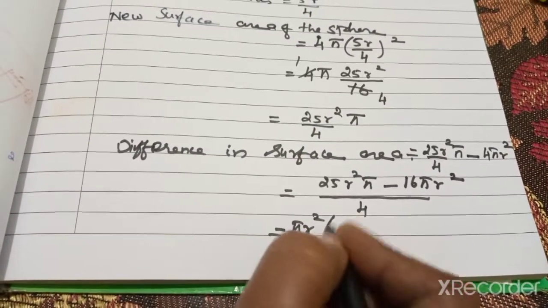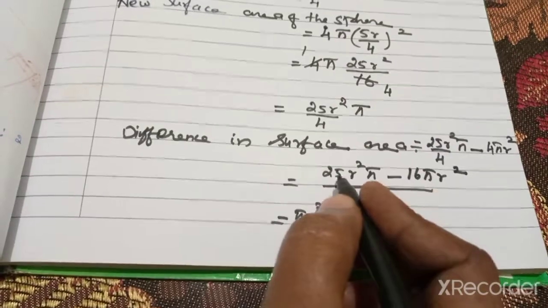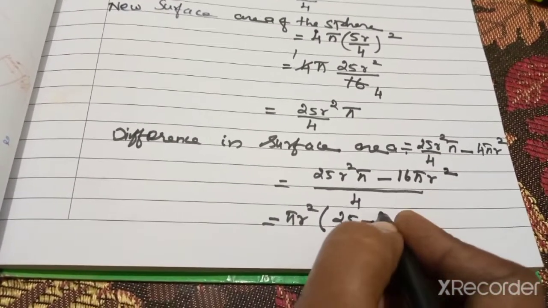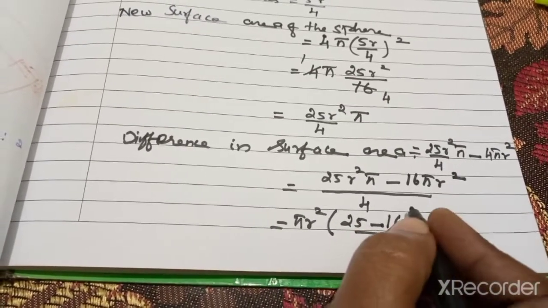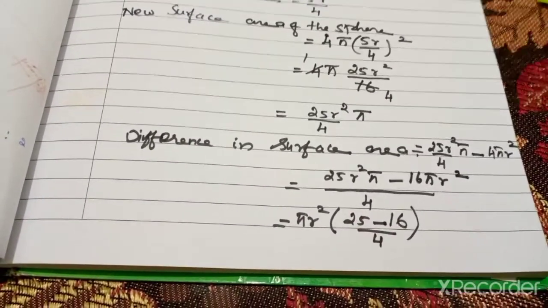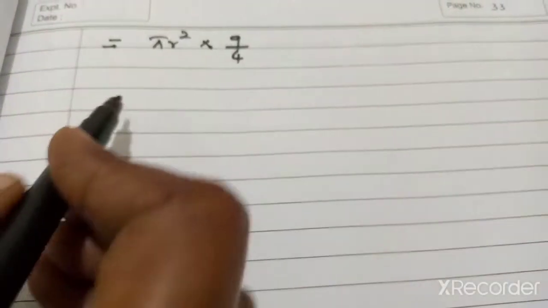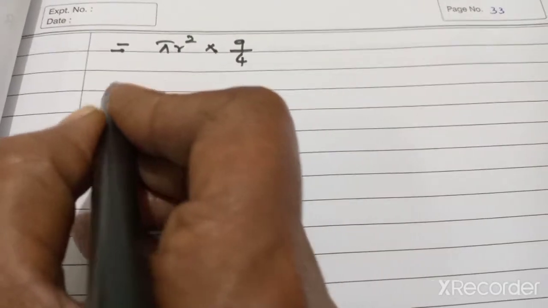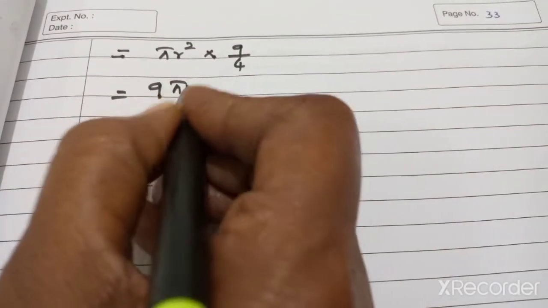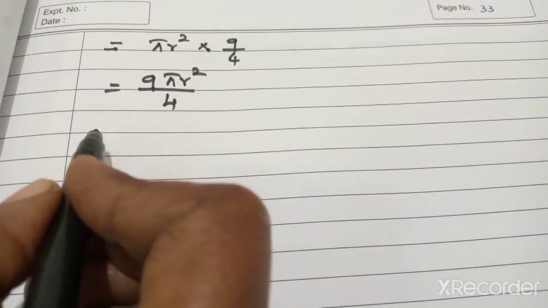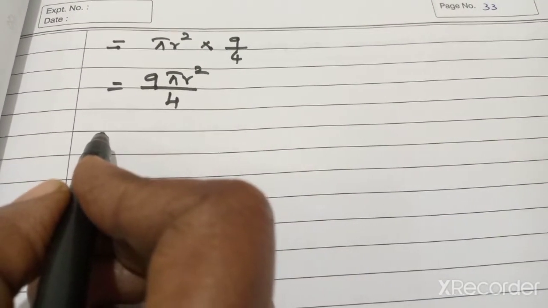Pi r square into remaining 25 minus 16 by 4, which is equal to pi r square into 9 by 4, that is 9 pi r square by 4. We have to find the increasing percentage of surface area.